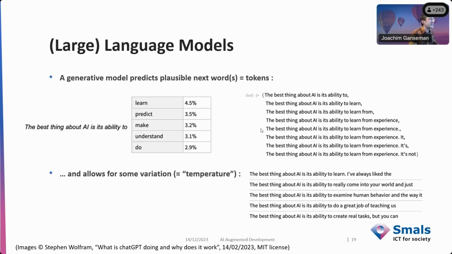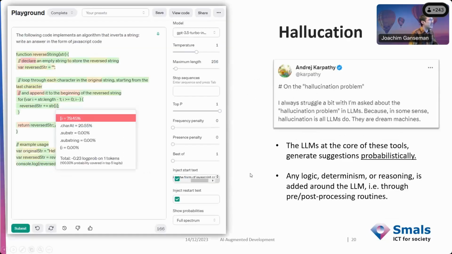What these models do is generate the next plausible words. And if you actually try this out in the OpenAI playground, you can get a good view. There's an option here to show the probabilities, where you can actually see that even if you ask to generate code, that code is generated in a probabilistic way.